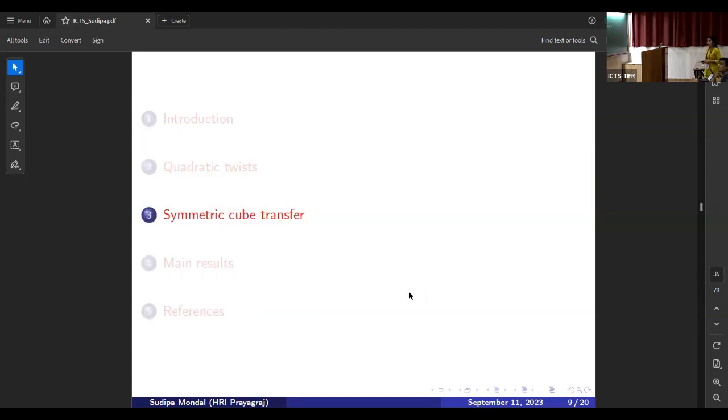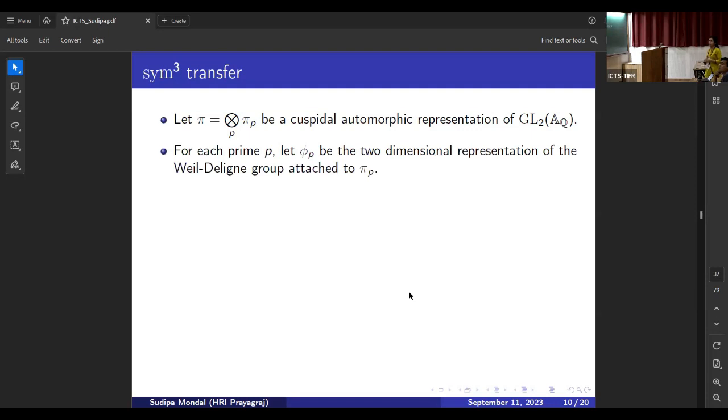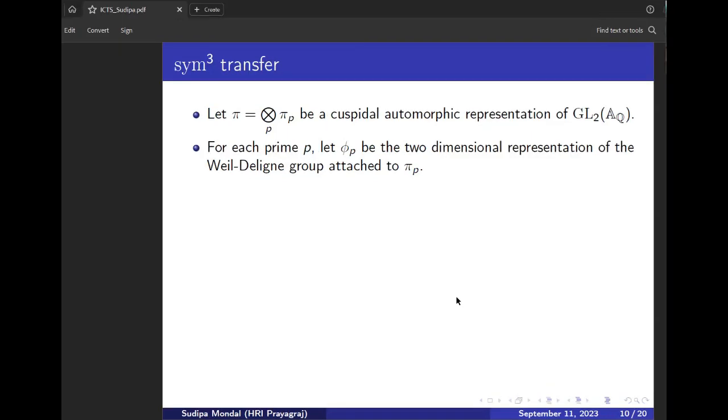Next, I will talk about symmetric cube transfer. So start with a cuspidal representation of GL2(A_Q) denoted by pi. So it has a decomposition pi p. Next, using the local Langlands correspondence, we get a two-dimensional representation attached to this pi p.